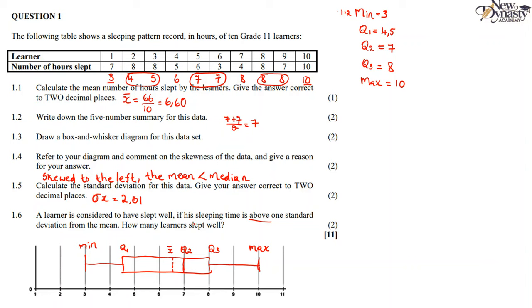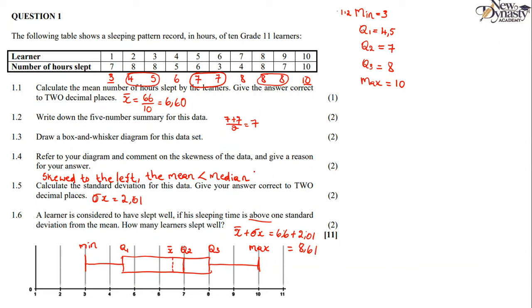Our mean, x bar, is 6,6, plus one standard deviation, which is 2,01. Then you get the answer of what? 8,61.